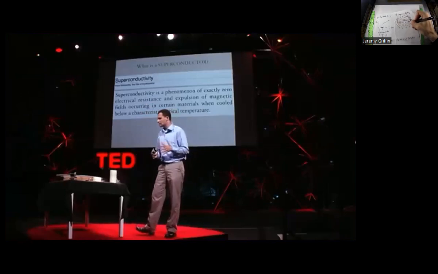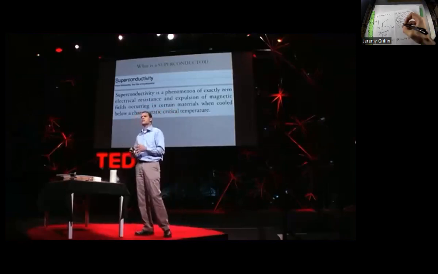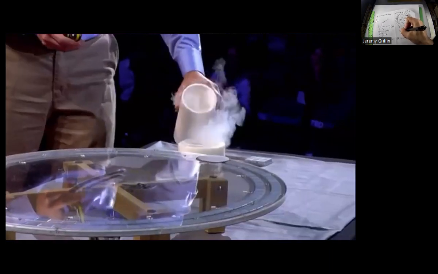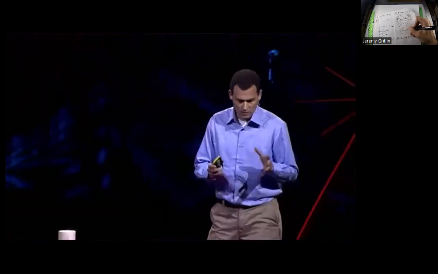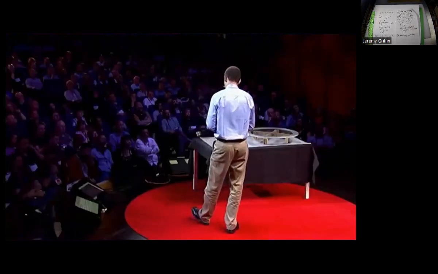However, only recently, due to several technological advancements, we are now able to demonstrate to you quantum levitation and quantum locking. So a superconductor is defined by two properties. The first is zero electrical resistance, and the second is the expulsion of magnetic field from the interior of the superconductor. That sounds complicated, right?